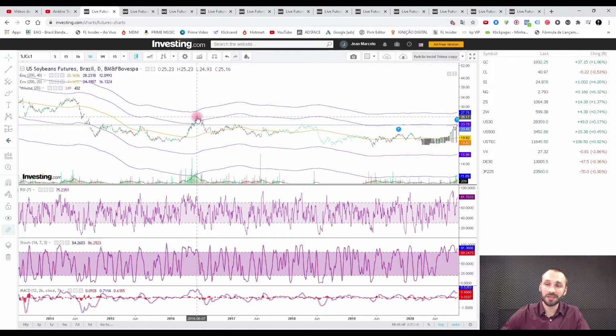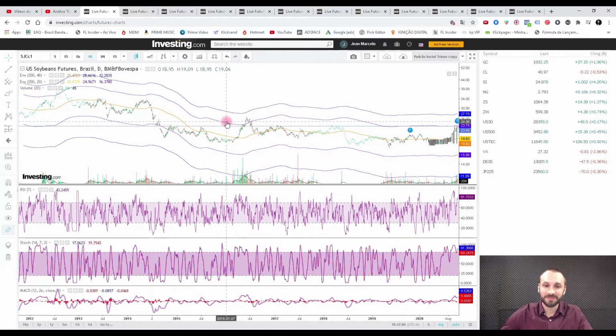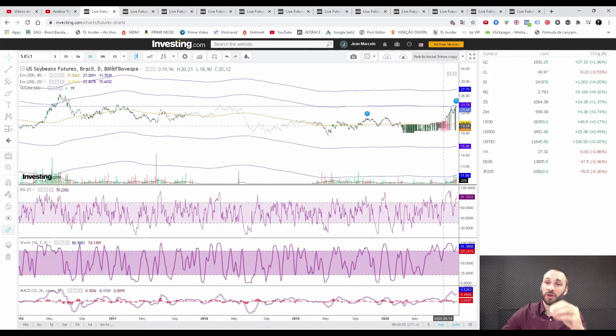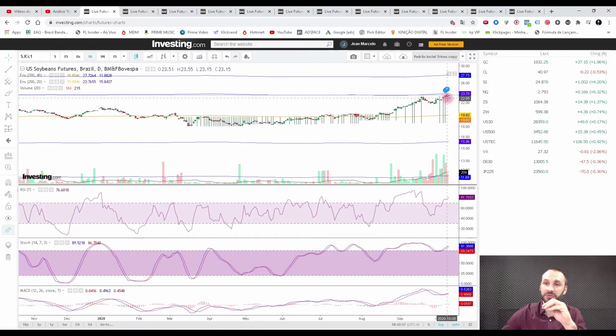The price was $26.17 and it came down to $20.40. So in 5 years, the price touched this line just one time. So it's a very important resistance. And right now, we touch this line in the envelope of 20%.